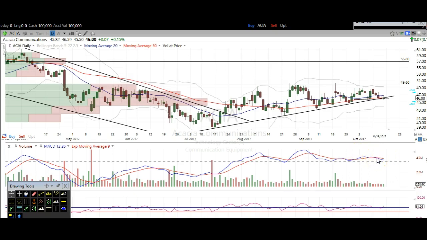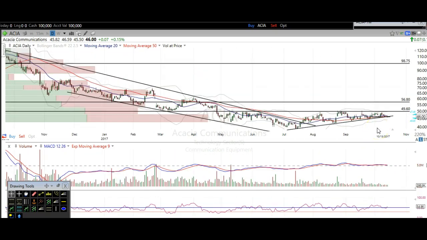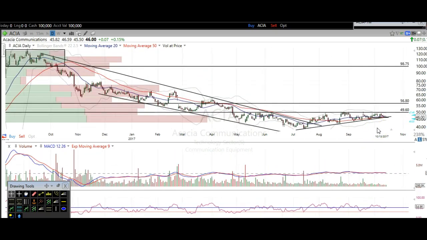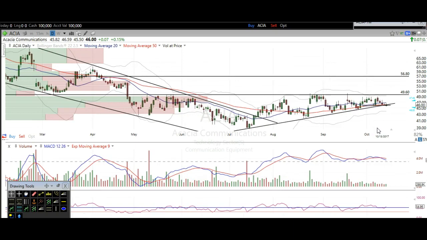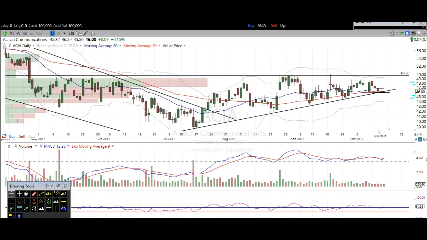So not a lot, plus the fact that we're still in a major downtrend, and trends are more likely to continue than to change. So ACIA has to prove itself. The burden of proof is on ACIA to prove that this isn't just a bear flag, because that's what it totally could be right now.